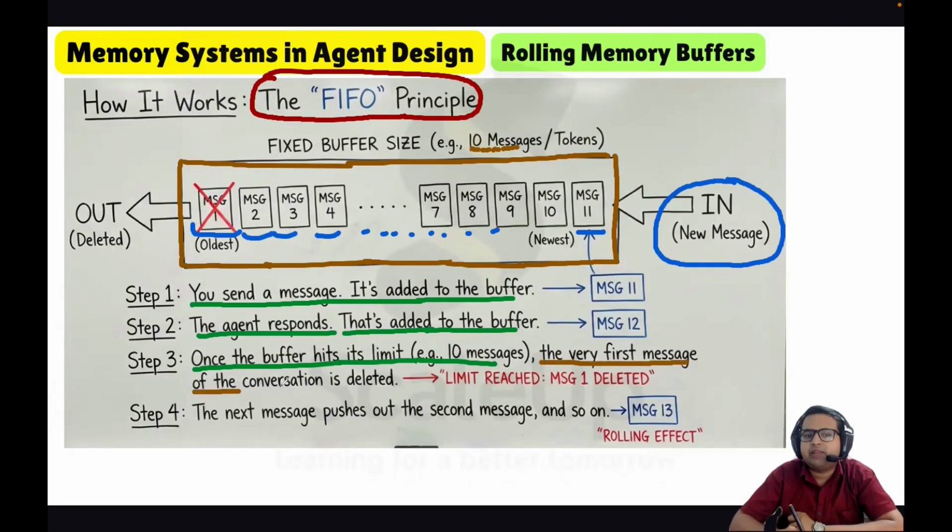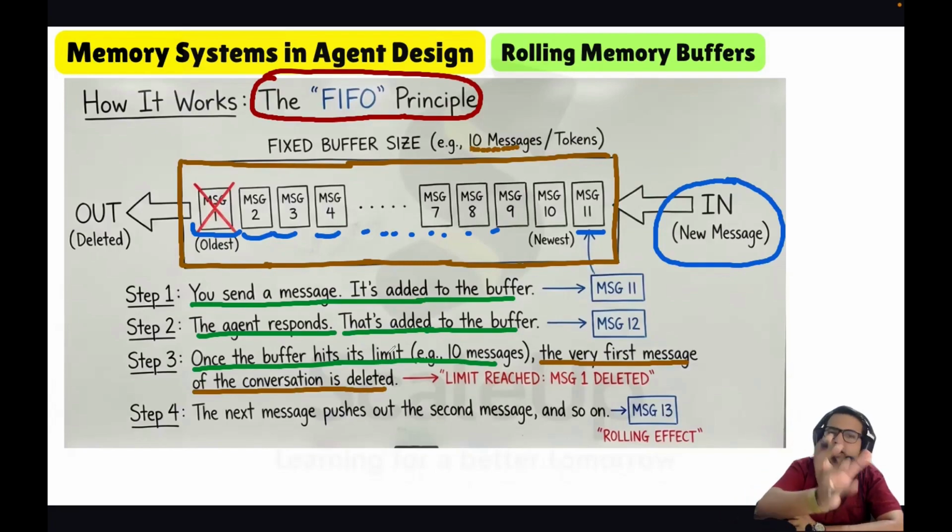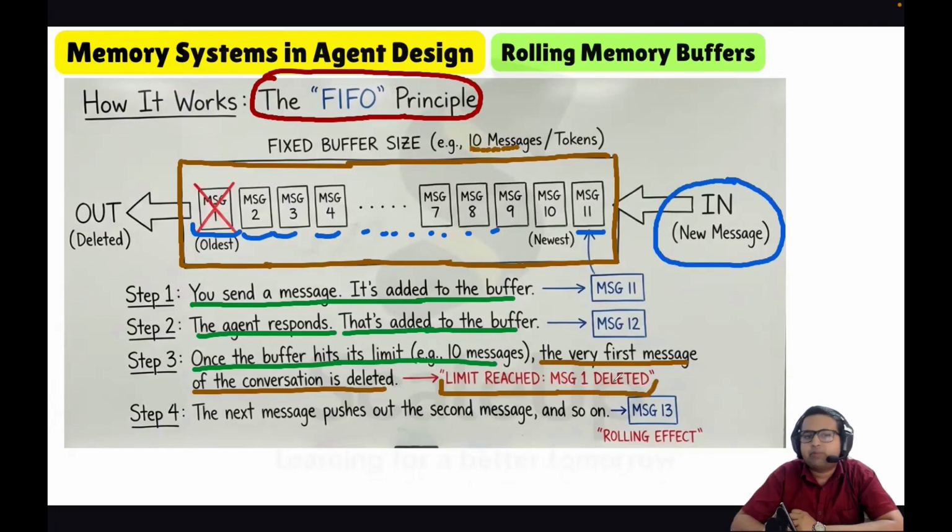Once the limit is reached, we have to make room for the new message, so message 1 will get deleted. The oldest message gets deleted from this fixed buffer.